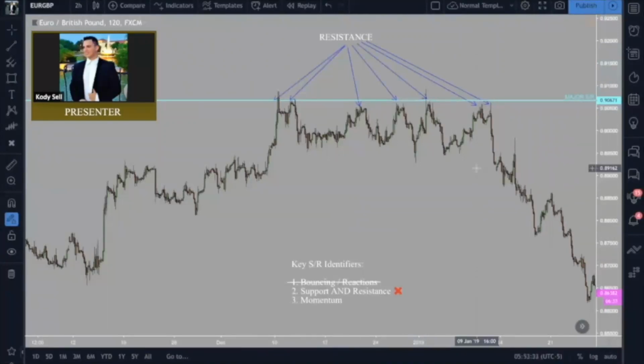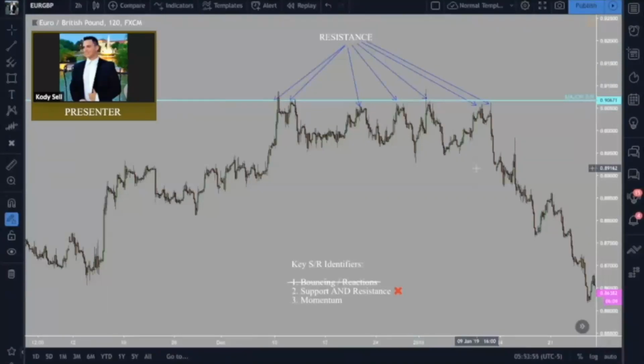So we're not able to identify number 2. What about number 3? Again, because we don't see price actually break through this at any point, we can't verify that it takes a lot of momentum to break through this level. We can assume so because it's been holding price so well, but again, we can't actually verify it.